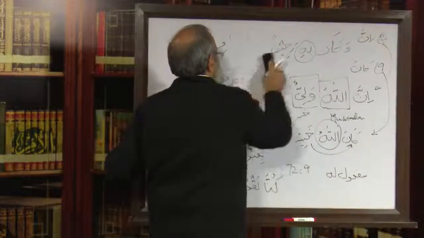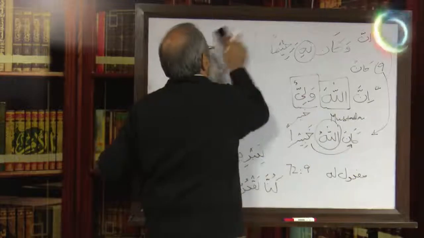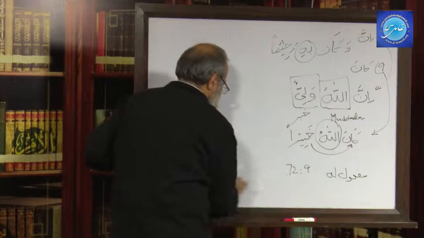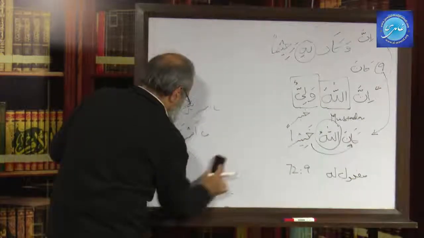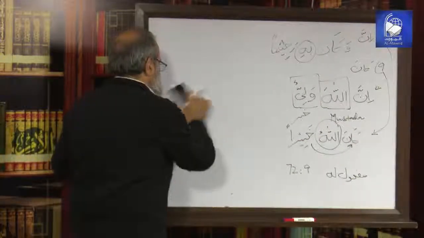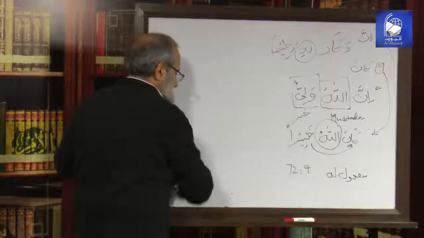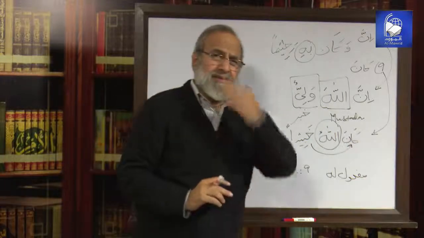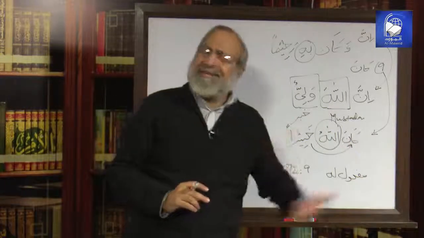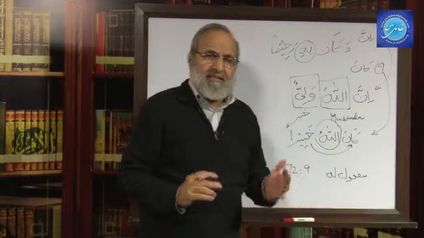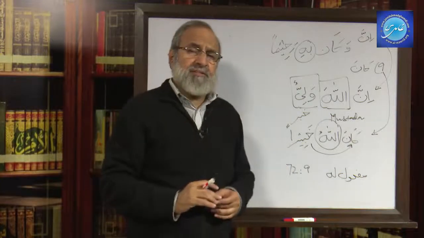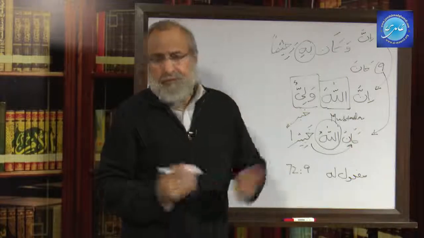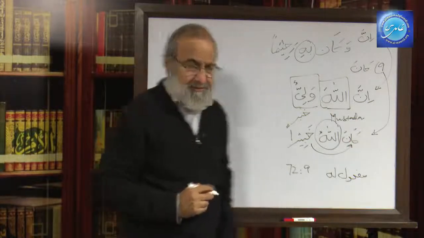So there are 2 more that I have promised, which if we do, we will be done with the examples and possibilities of nouns taking the form of nasab as a category. As I said, it's not necessary that it's just these 11 possibilities, but these are the most frequently appearing. If you've done them, you've done almost everything as far as nasab is concerned.